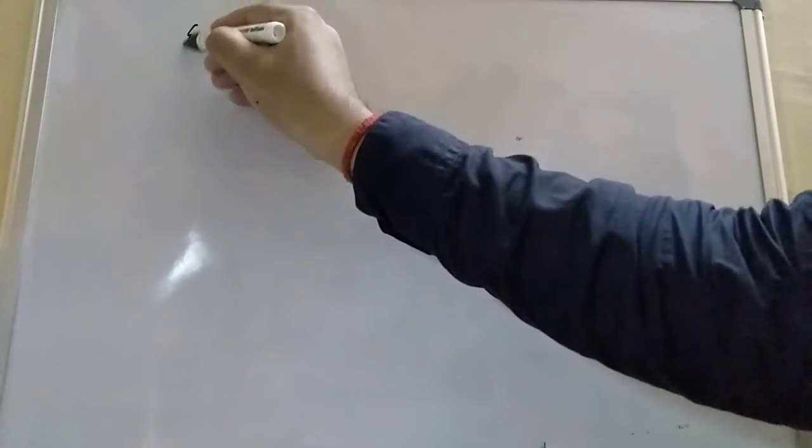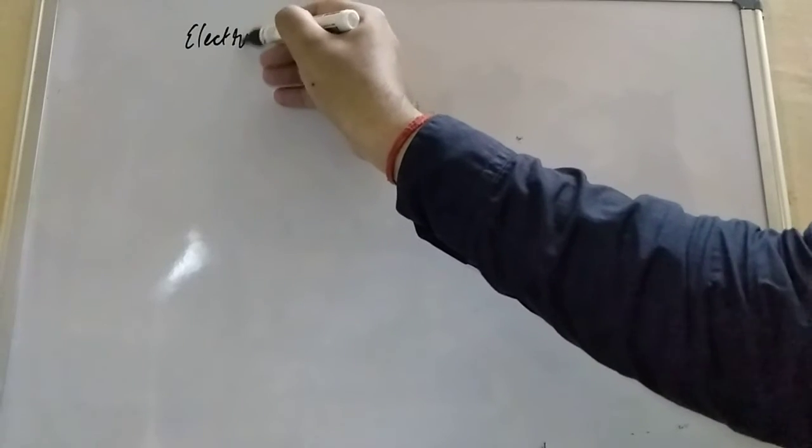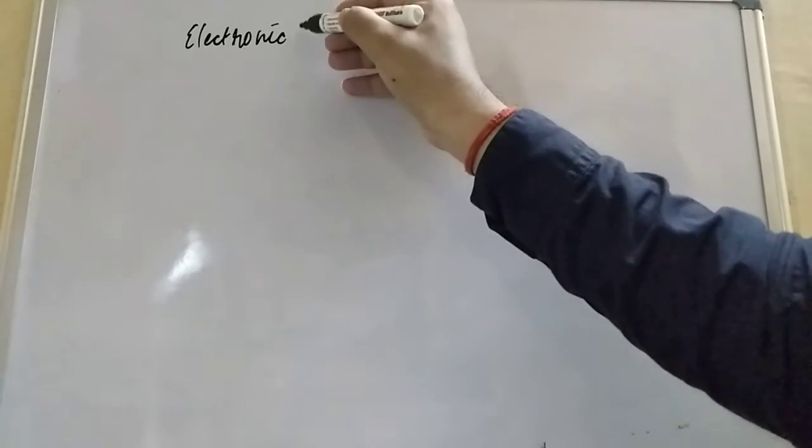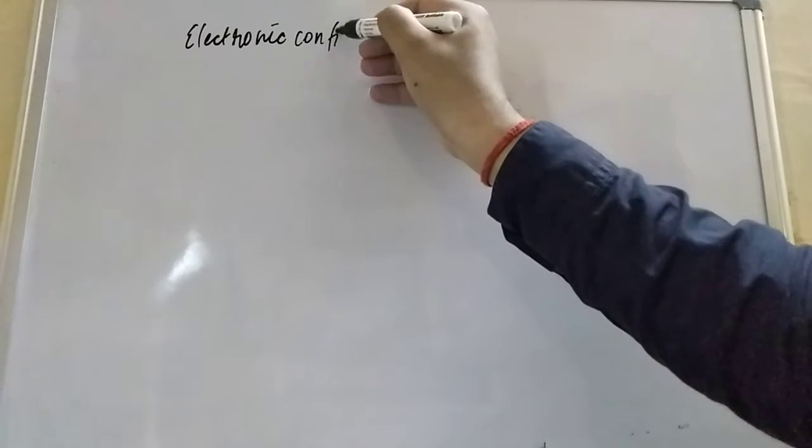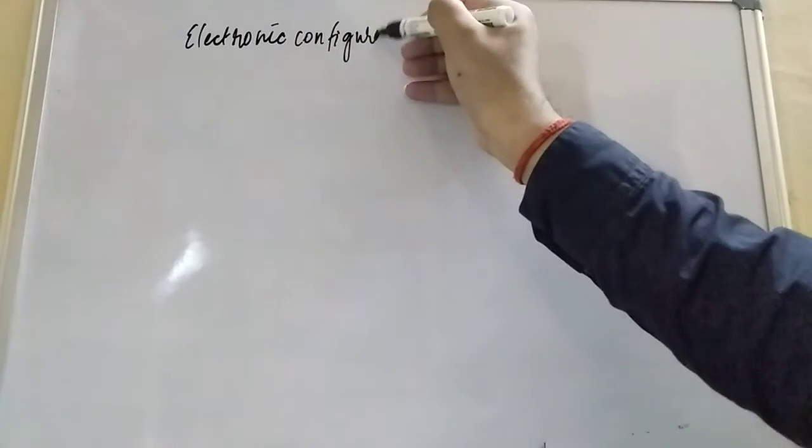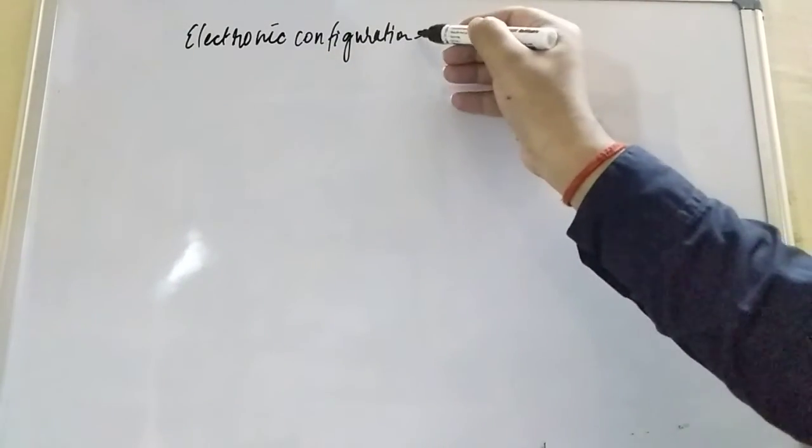If you talk about group 1, electronic configuration. What is this saying, student? If the same group is having the same electronic configuration, it means they are having similar properties.